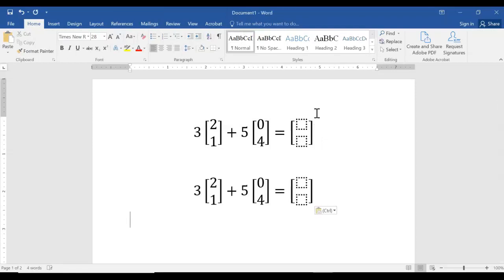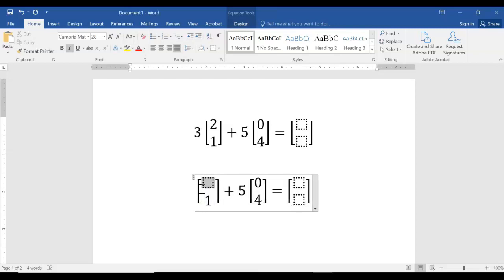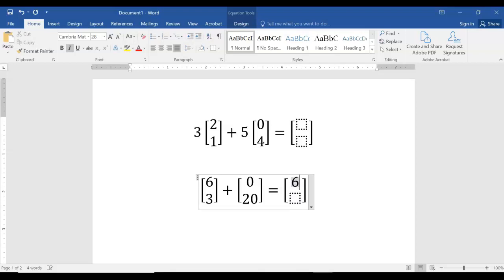So one way to do this is to do all of your multiplication first. Do the (6, 3), and then take that 5 and multiply it in. 5 times 0 is 0. 5 times 4 is 20. And then you can go ahead and add it. 6 plus 0 is 6. 3 plus 20 is 23. Okay, so that's one way to do that.